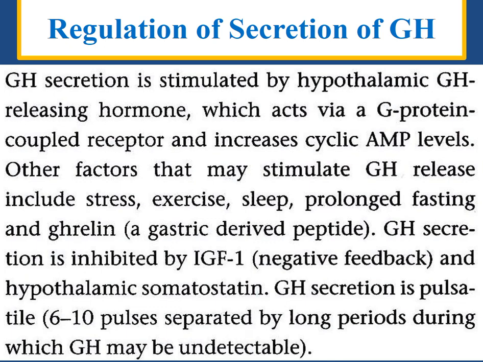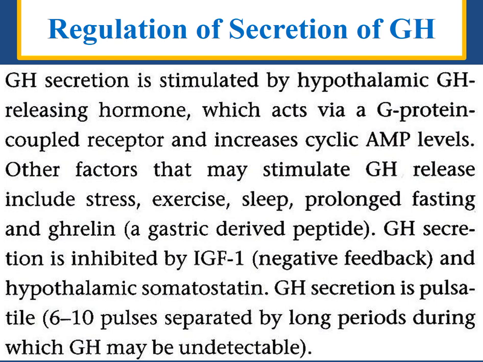Regulation of secretion of growth hormone. Growth hormone secretion is stimulated by the hypothalamic growth hormone releasing hormone, which acts via the G protein coupled receptor and increases cyclic AMP levels. Other factors that may stimulate growth hormone release include stress, exercise, sleep, prolonged fasting, and ghrelin, a gastric derived peptide.